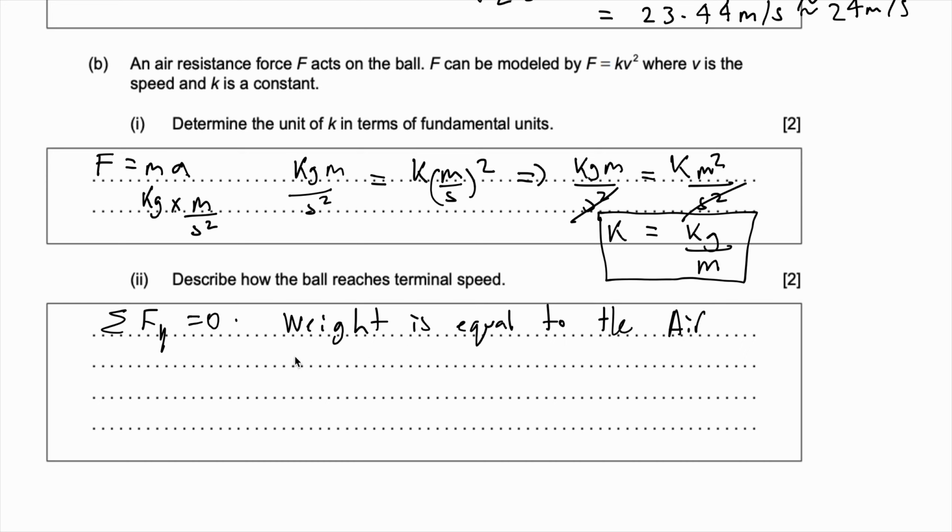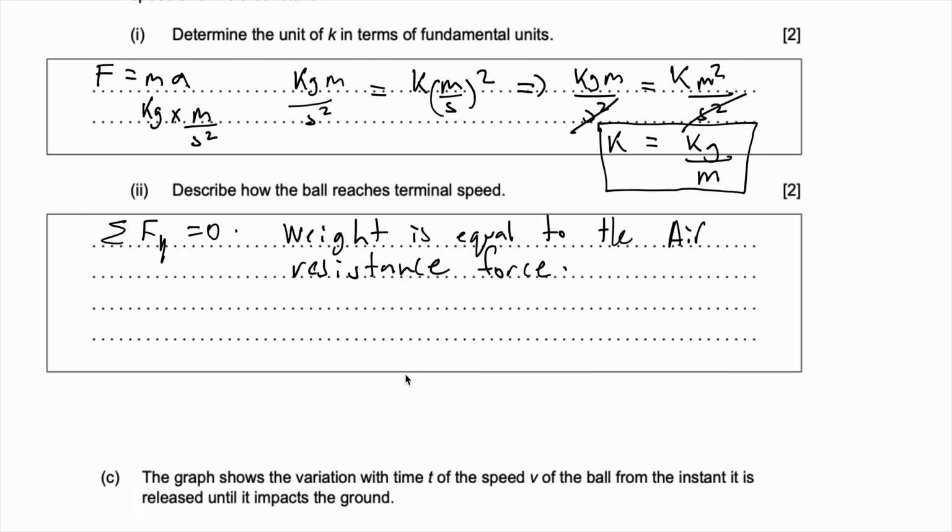And at this point, the ball will reach the terminal velocity or terminal speed. Because we know that air resistive force is kv squared, and as the ball drops, its velocity will increase, and it will eventually increase to a point where its air resistive force will be equal to the weight, which is mg. And at that velocity, we have reached the terminal speed. Okay, and that's how that works.